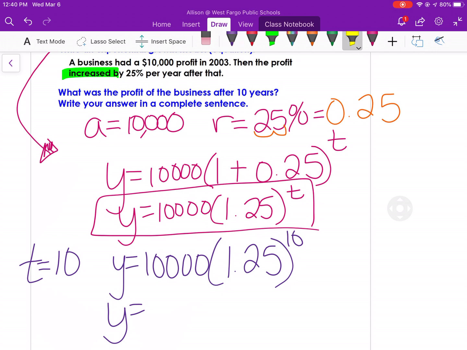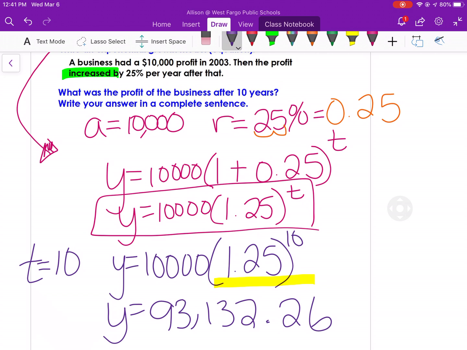Following the order of operations, do 1.25 to the 10th power first, and then take that times 10,000, and you're going to get 93,132.26. So I rounded to 2 decimal points since we were using money, so that's $93,132.26 for that example.